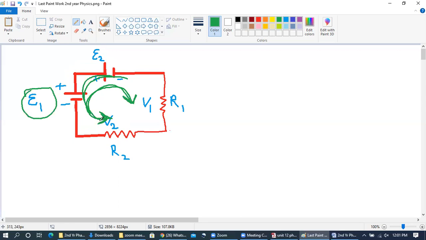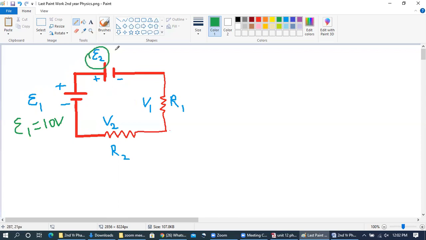So here is the main problem. So what will happen? Overall, what will happen? Let's see, for example, epsilon 1, meaning battery 1, has the voltage of 10 volts, while epsilon 2 has the voltage of 8 volts.